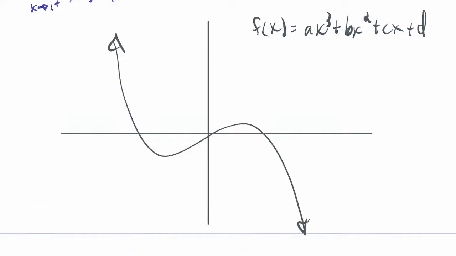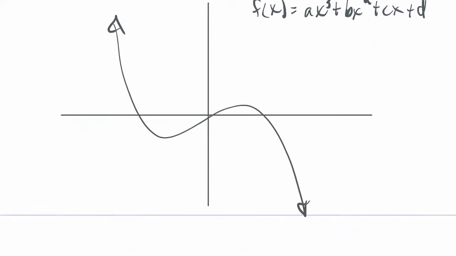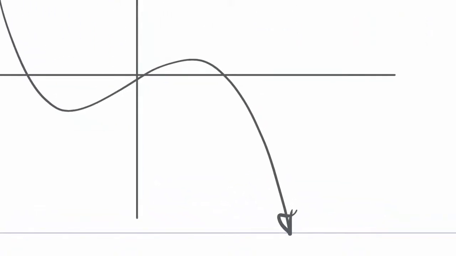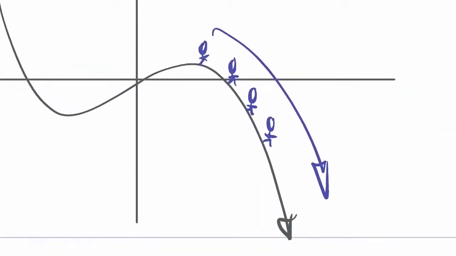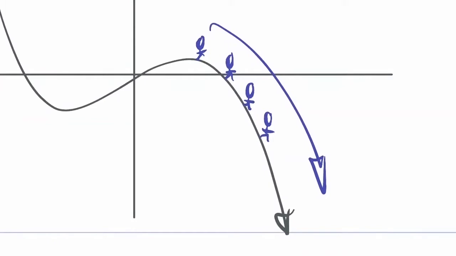So if I hop on this graph and I start out, say here, somewhere in the middle of the graph, and I follow to the right as x gets larger and larger, x goes to infinity. So I follow that down. If you think about what a cubic function looks like, if you can visualize, I've drawn one roughly, but if you're familiar with what cubic functions look like, then this is going to go to negative infinity, right?